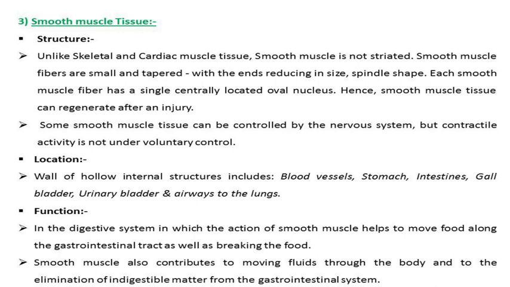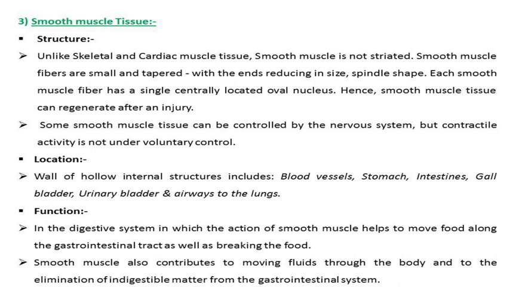The next type is smooth muscle tissue. Unlike skeletal and cardiac muscle tissue, smooth muscle is not striated. Smooth muscle fibers are small and tapered, with the ends reducing in size, spindle shaped.